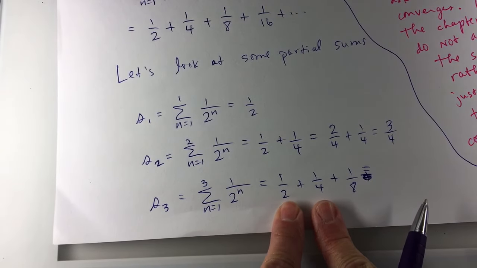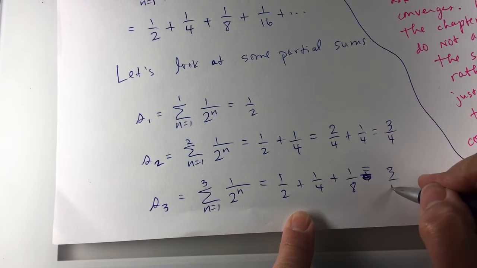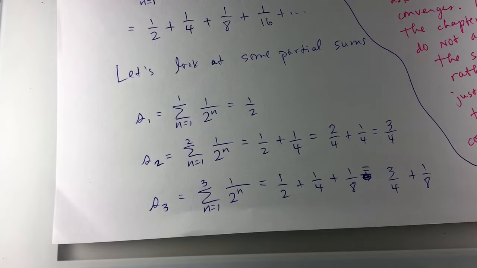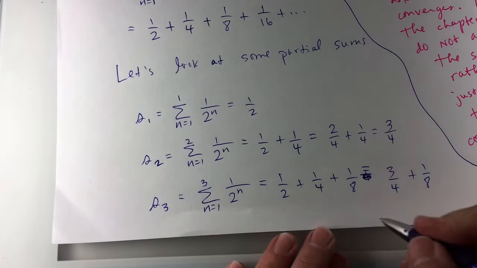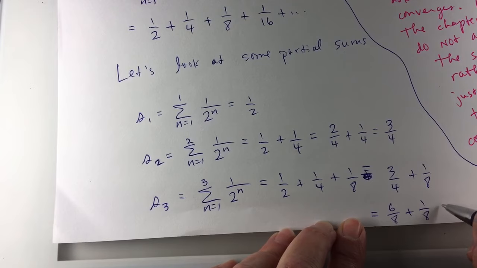So this is 3/4 plus 1/8. Common denominator will be 8. So 3/4 is 6 over 8, plus 1/8. S sub 3 is 7 over 8.